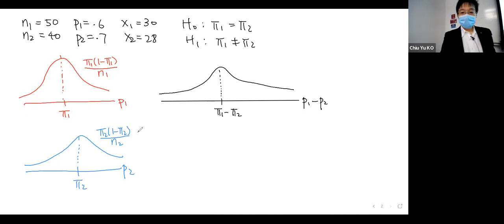Since they add up, you would expect the variance like this.